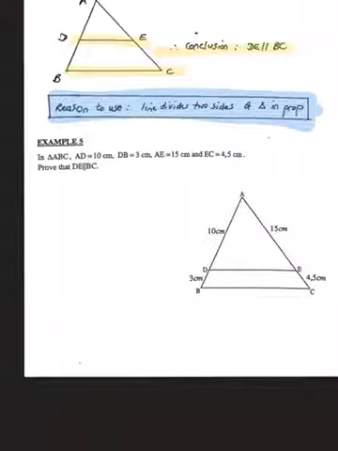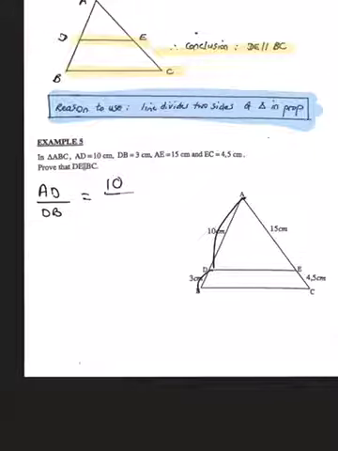Okay, so we're going to start with AD over its side DB. You can use any combination. You could use the whole side if you want. This is using top to bottom, as long as the sides are matching on the other side. So that's going to be 10 over 3. All right, and then when we're working with the other side, we're going to use AE to EC. So we use big to big, small to small.